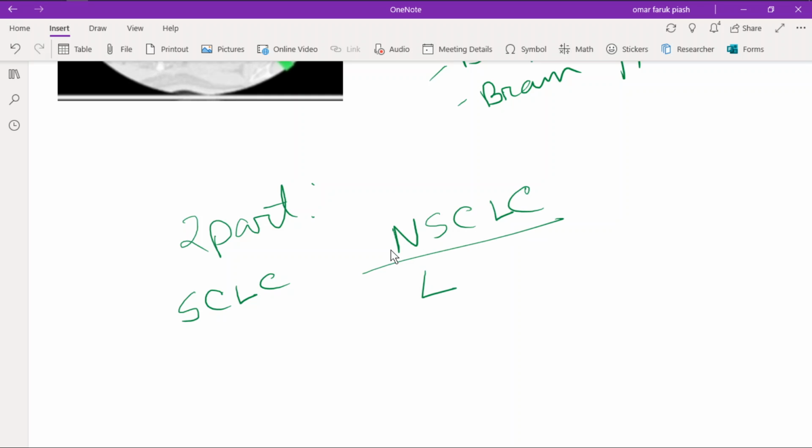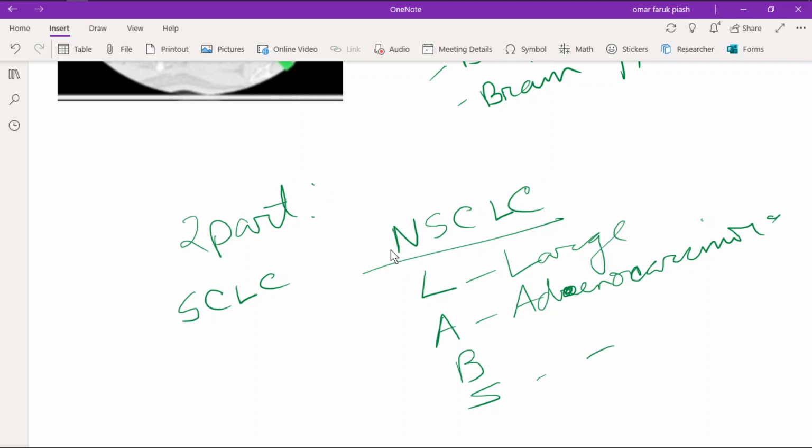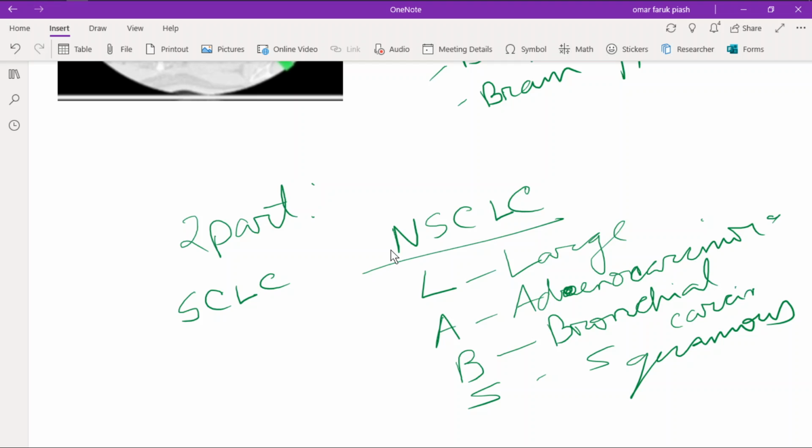And non-small cell lung cancer can be further divided into large cell lung cancer, adenocarcinoma, squamous cell carcinoma, and bronchial carcinoid tumor. Sorry for my writing, but it happens.